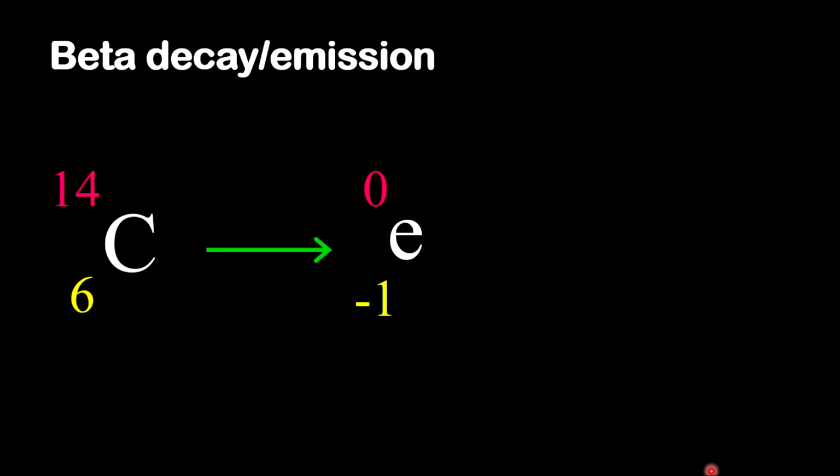Now, follow the concept here quite carefully. If you release zero mass, the mass number should not change, because you're giving off zero mass. Nothing changes. But this is where the little trick is. You give off a negative charge, or consider it an electron, which is the opposite of a positive proton.